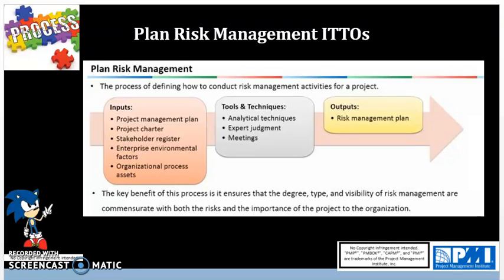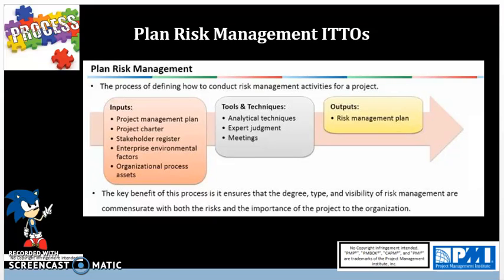So the key takeaways for all plans in project constraints, so plans for scope, schedule, cost, and risks, there are some key takeaways and similarities in the plan. All of these project constraint plans have inputs such as project management plan, project charter, EEFs, and OPAs.